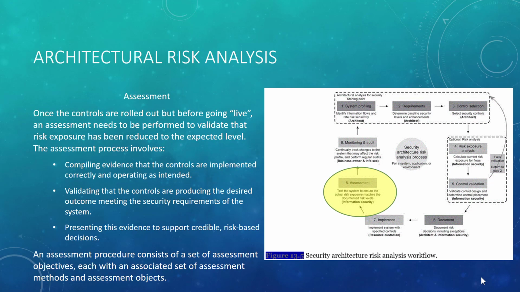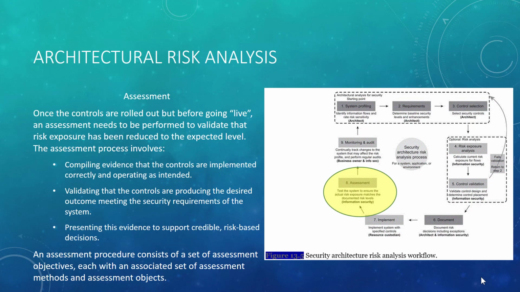From there, you move into assessment to validate that the risk exposure actually was reduced to the expected level, and that's done through compiling the evidence that it was implemented correctly, that kind of baseline accreditation that we've talked about, validating that you're getting the desired outcome, and using metrics and presenting evidence of a credible risk-based decision.